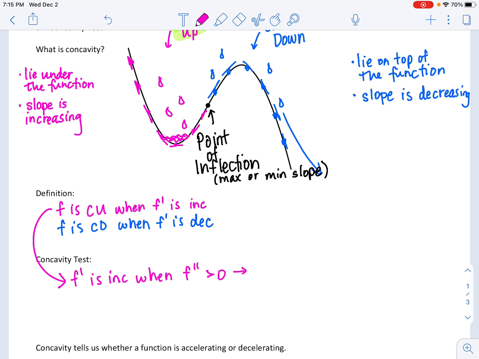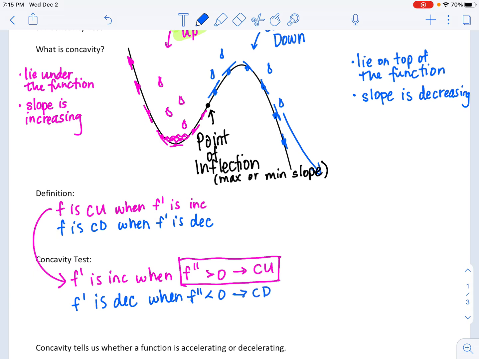And so that is how we know a function is concave up: the second derivative being positive. And then likewise, I'm going to draw the exact same thing here. f prime would be decreasing whenever f double prime is negative, because we learned that about increasing and decreasing functions and their derivatives. And that's how we would know a function is concave down. So this is how we're going to see it played out here and here in our work in a minute.